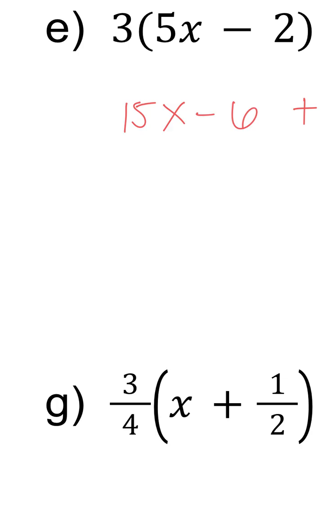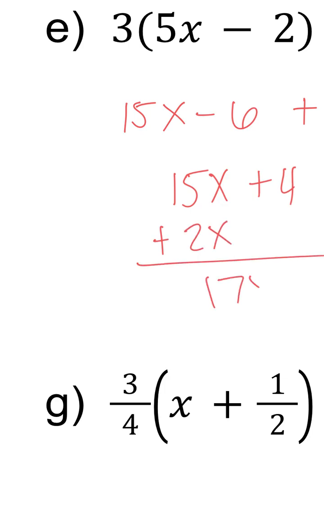Okay, now we can combine our like terms. So what does that look like? Yeah, on each side of the equal sign. Negative 6 plus 10. Yep. So that's plus 4. And then 6 plus 14, which is 20. Very good. Okay. And then from there, add the 2x to the other side.